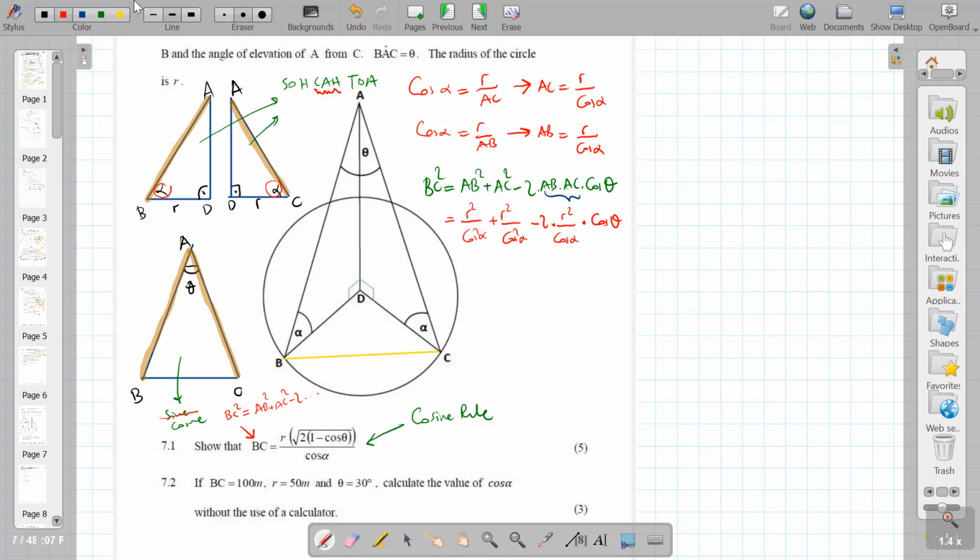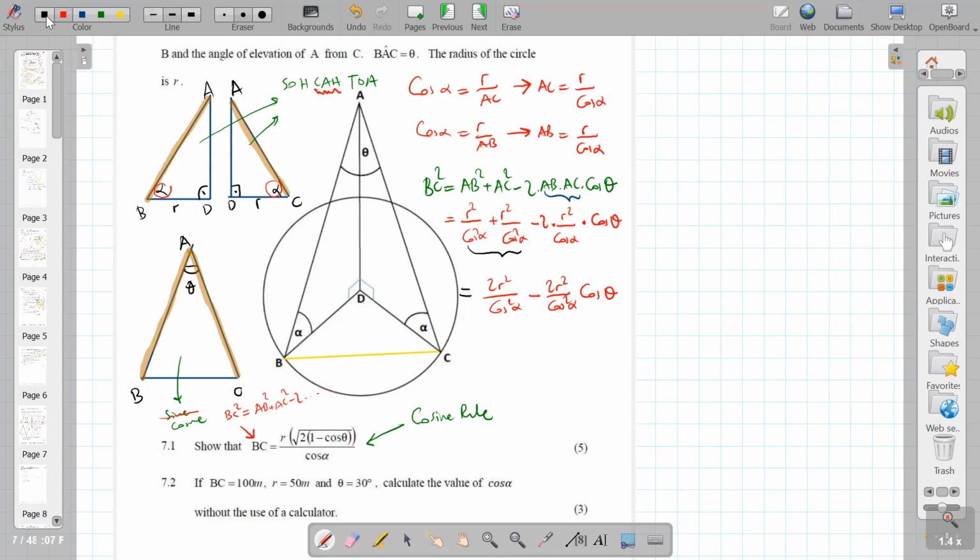Now, I can take R square over cos square as a common factor. But before that, I have to add these two: R square over cos square plus R square over cos square is 2R square over cos square. Minus, again, 2R square over cos square and cosine theta.